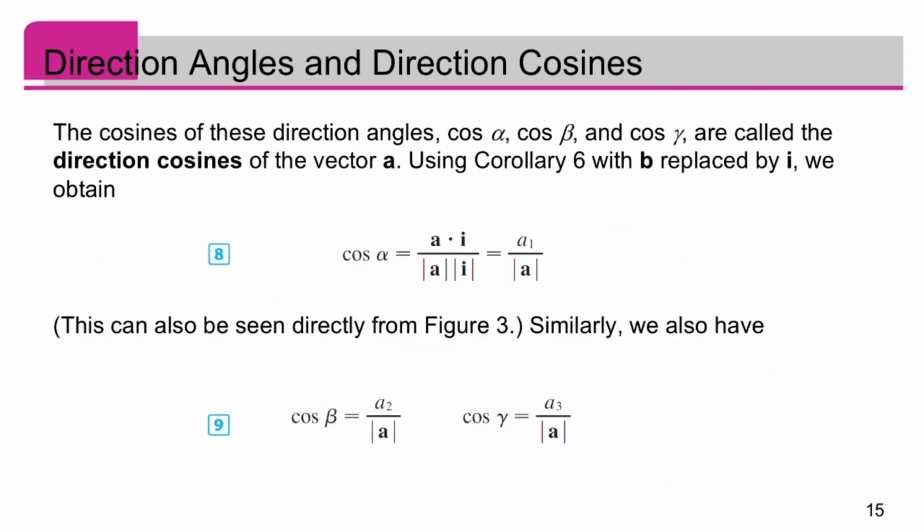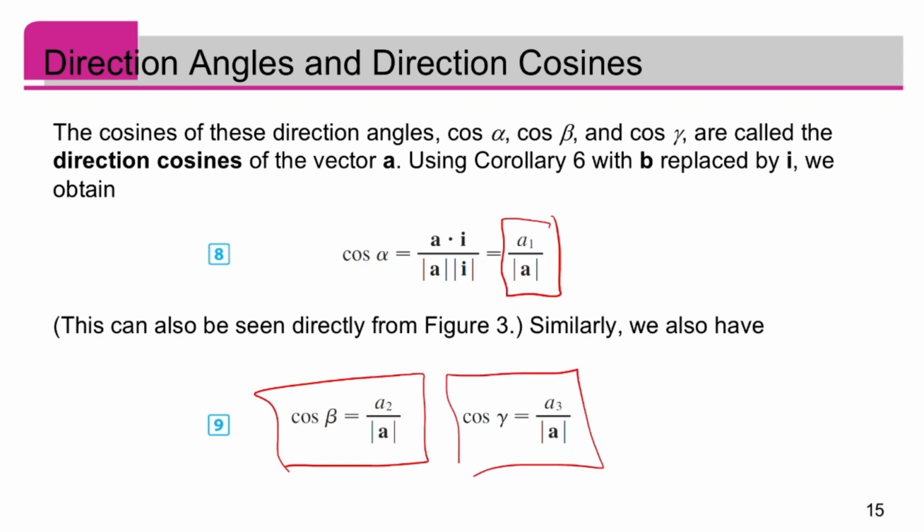So here we have this formalized: the cosine of alpha is just a1, if you think of a1, a2, a3 as being the components of the vector a. So it's a1 over the magnitude of a, and then the cosine of beta is a2 over the magnitude of a, and a3 over the magnitude of a for the cosine of gamma.